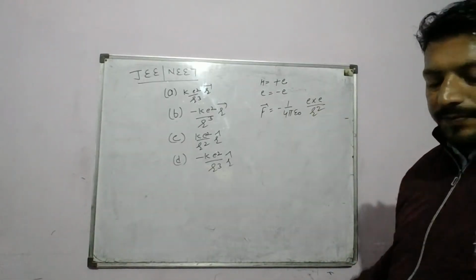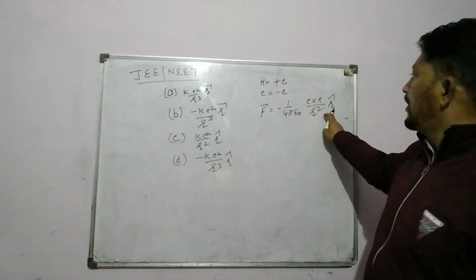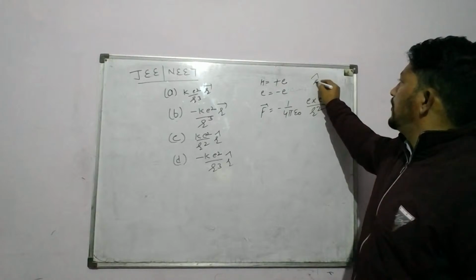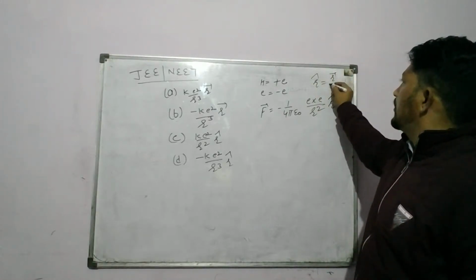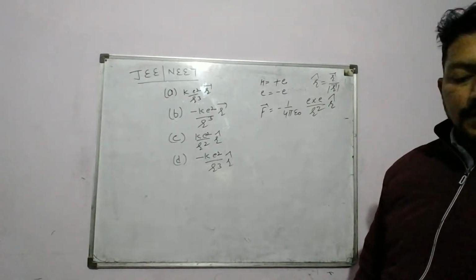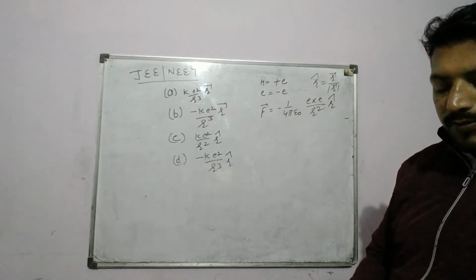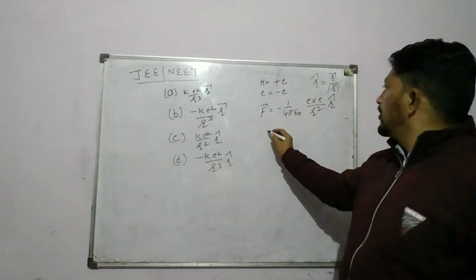So here unit vector r, you know how to solve this. Unit vector is equal to r vector upon magnitude of r. Yes, simply we can write here r. So what is Coulomb force?